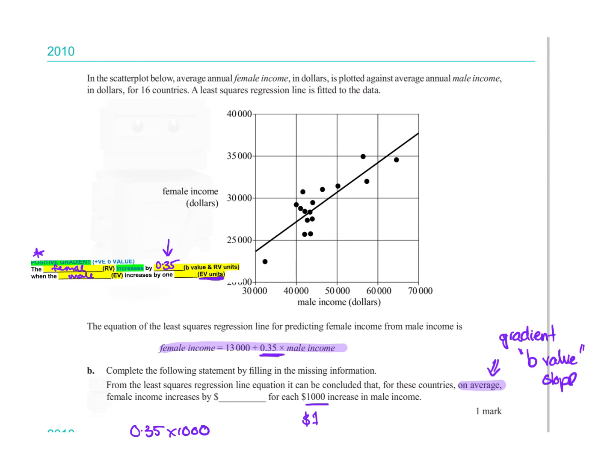So when you do that, that means that the female income is actually increasing by 350. Okay, so that's where we get 350. So that one was a little bit tricky, and you've got to be really careful. So that would probably be reading the question and not slipping up there.